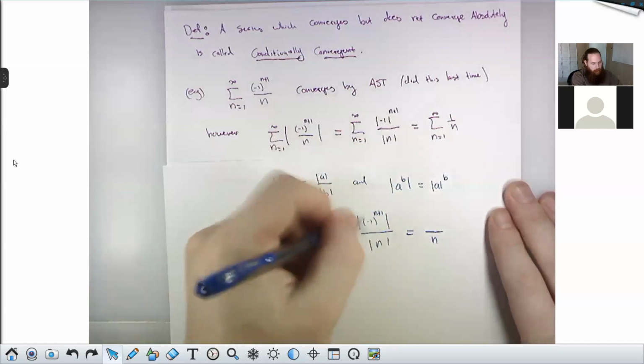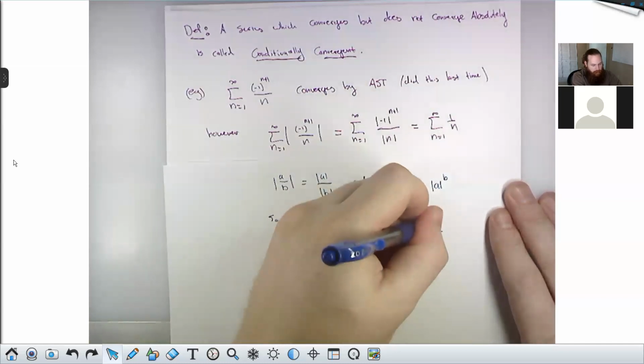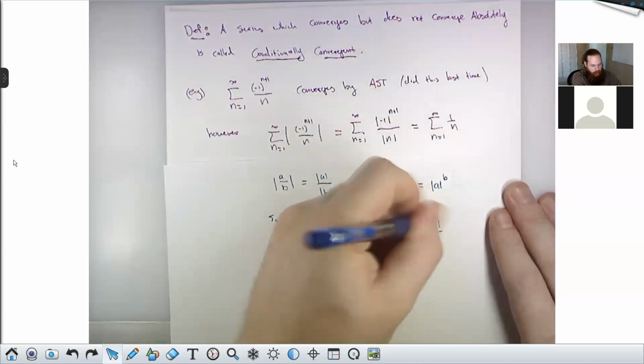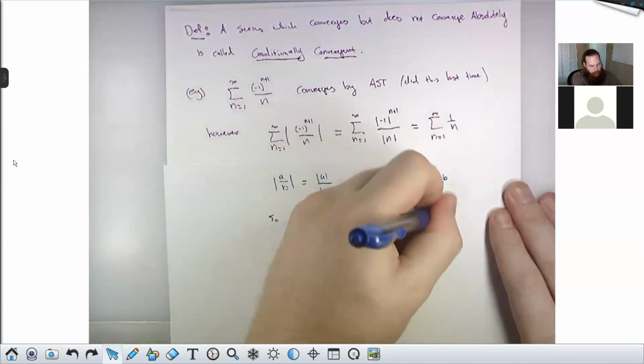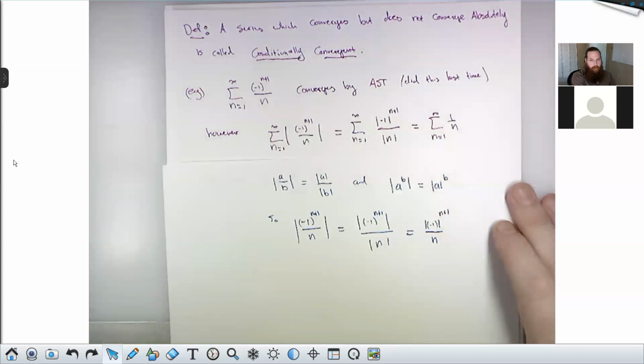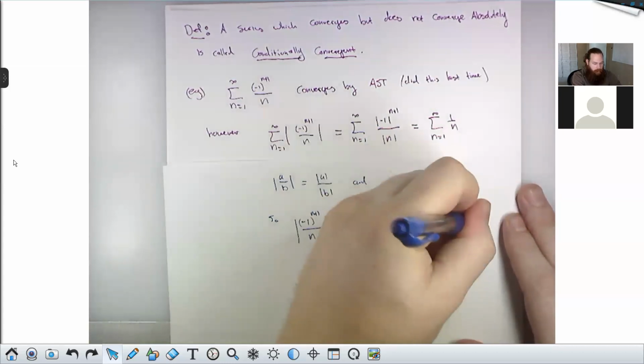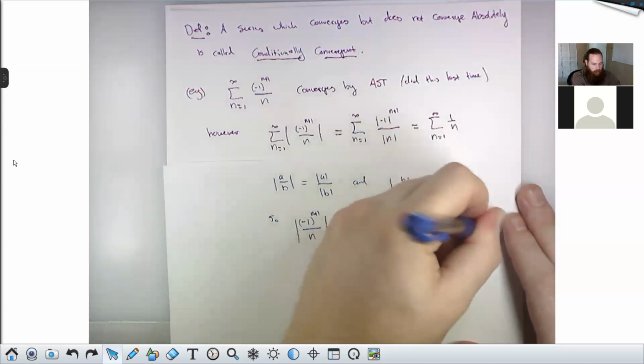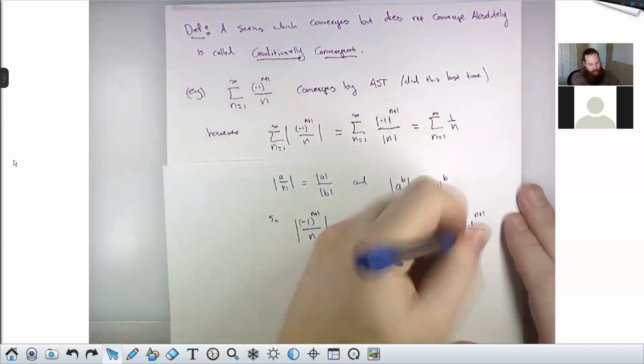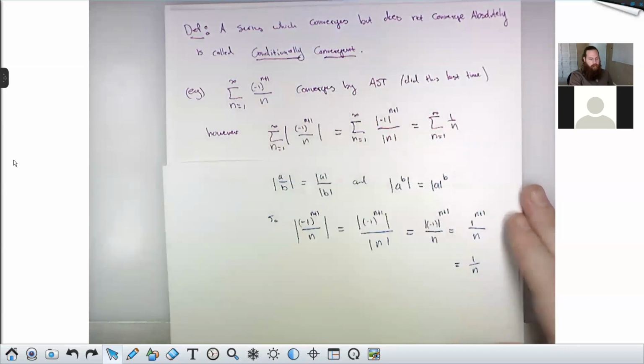For the absolute value of the top, I use this second rule to say that that's the absolute value of negative 1, all to the power n plus 1. But the absolute value of negative 1 is 1. So this is 1 to the n plus 1 over n. And 1 raised to any power, as long as the 1 is actually a constant 1, is just 1. So those are the steps there.